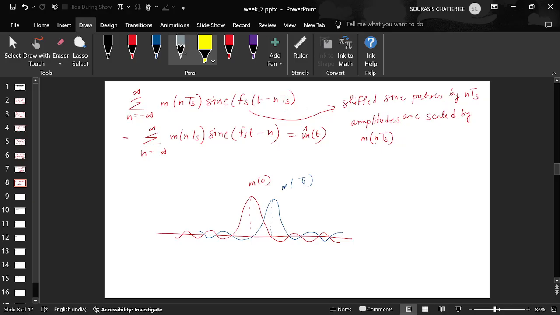For example, if I plan to draw, choose the proper color.